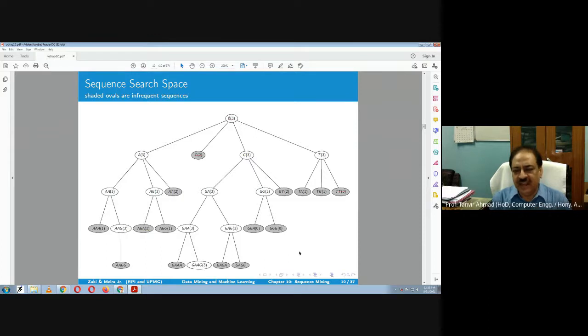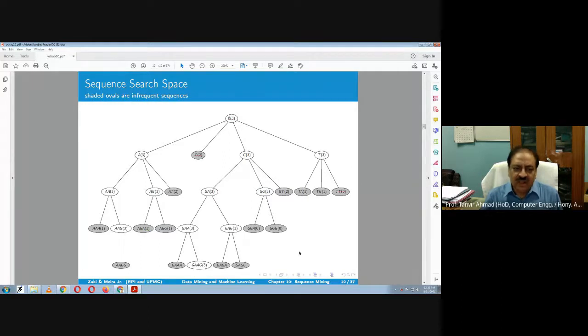At the end of the algorithm, I find that the only frequent sequences are AGT, AA, AG, GA, GG, AAG, GAA, GAG, and GAAG. These are the frequent sequences over the database.